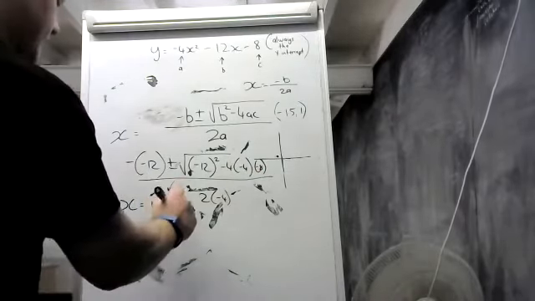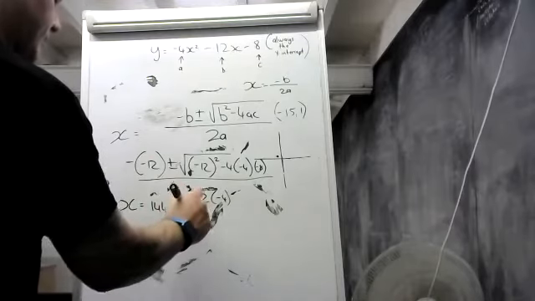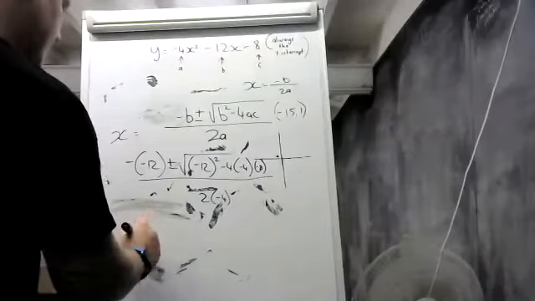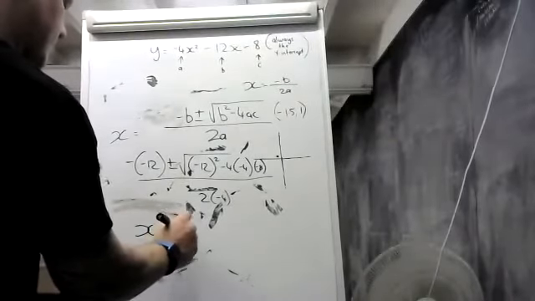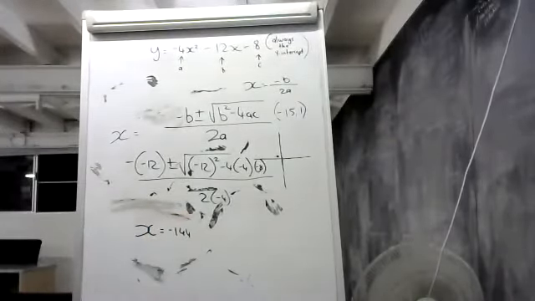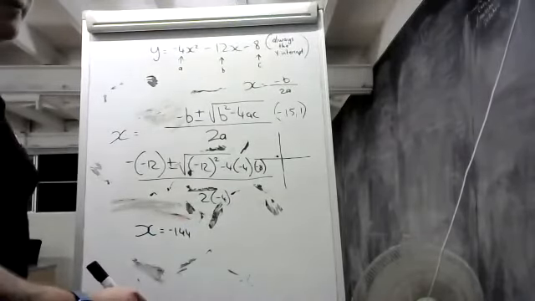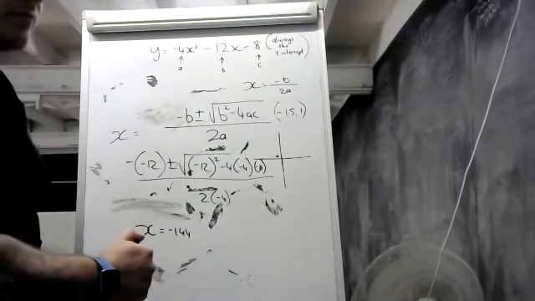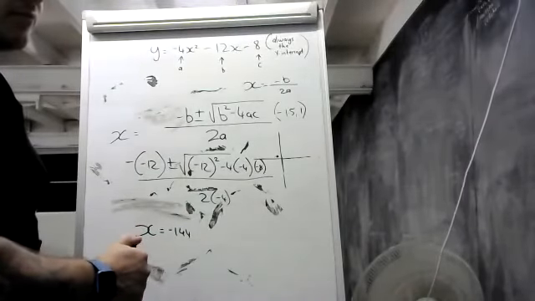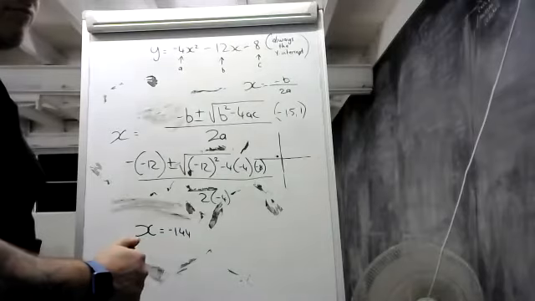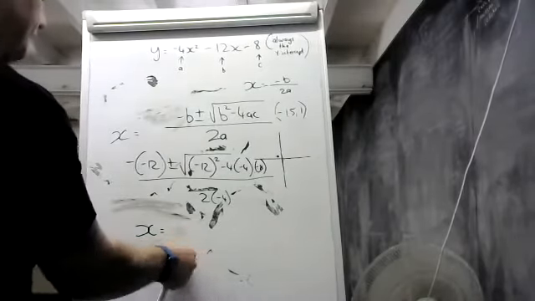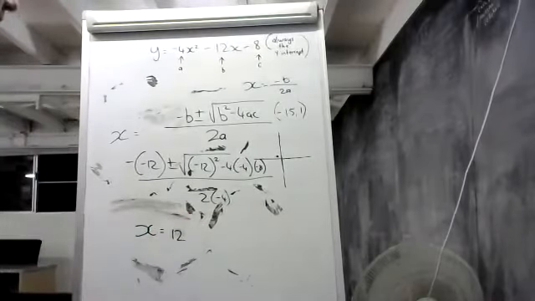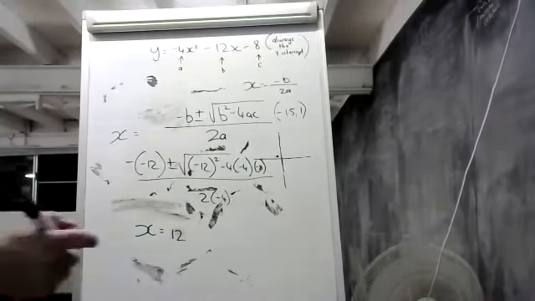Then doing the brackets first. Minus 144. Minus 12 times 1 minus, it's 12, not 144.